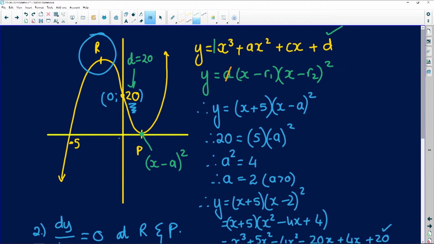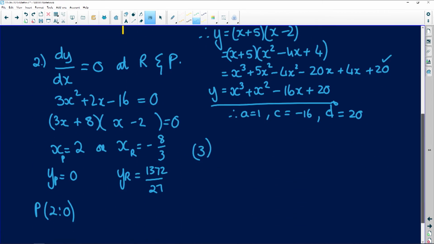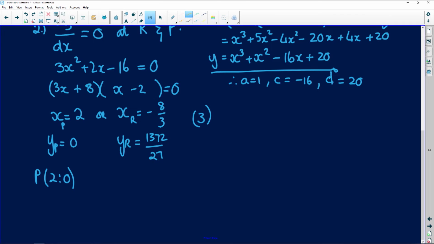It says discuss the concavity of the curve at that point. Now that point happens to be the y-intercept. They want us to discuss the concavity at the y-intercept. And a lot of kids have a problem with this. So let me spend some time just quickly teaching it to you.